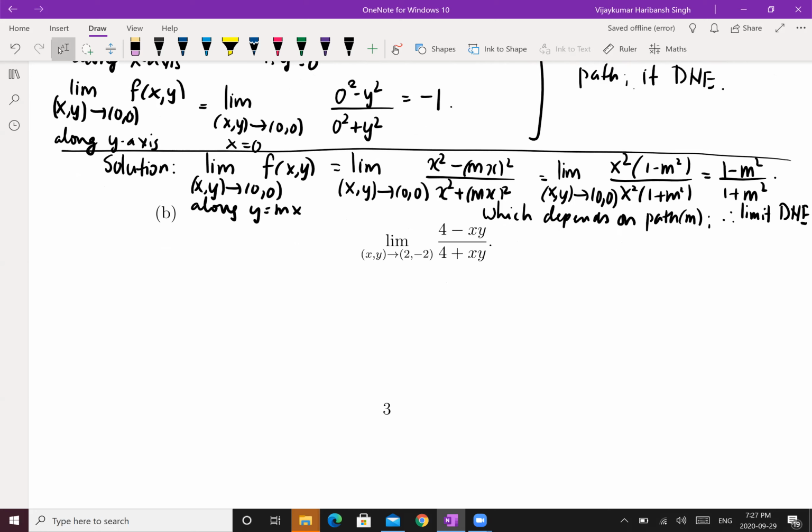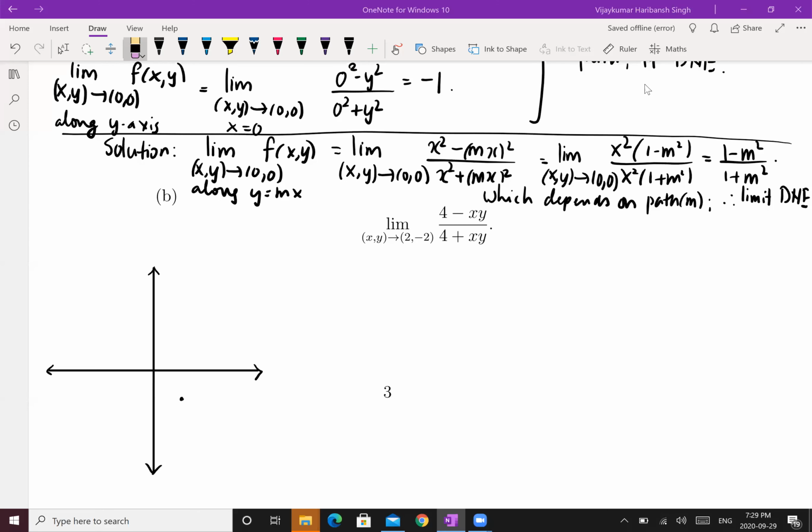So now what about this one? The limit as (x,y) goes to (2,-2) of something over (4 minus xy) times (4 plus xy). You want to see what this limit is. So this is your point, (2,-2). Let's consider the following path: along y equals minus x.